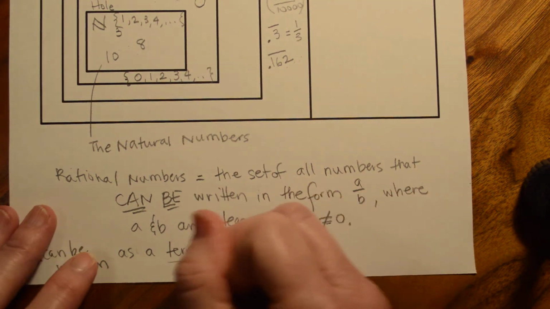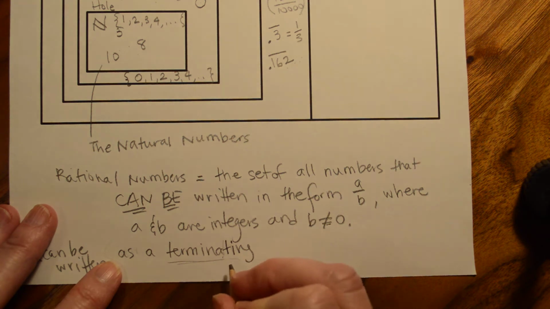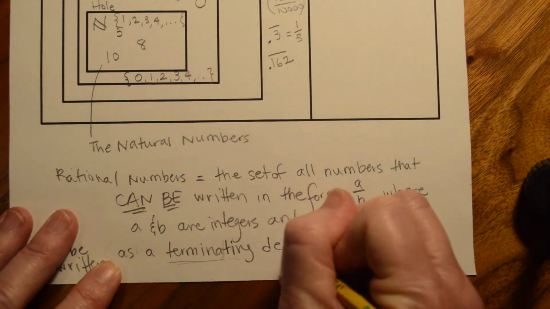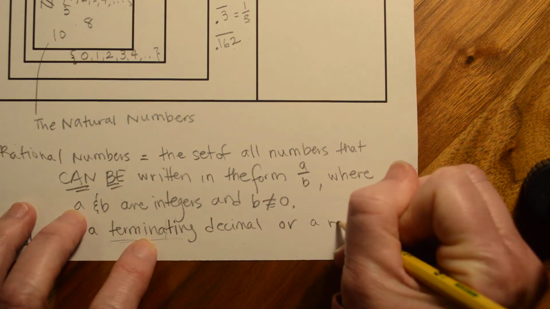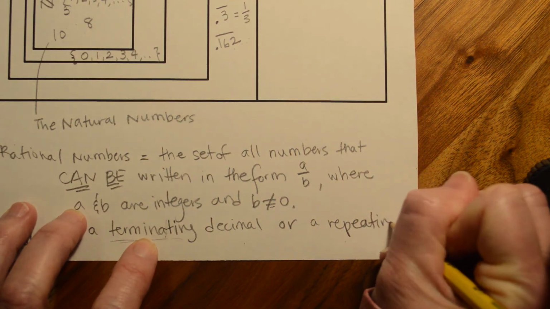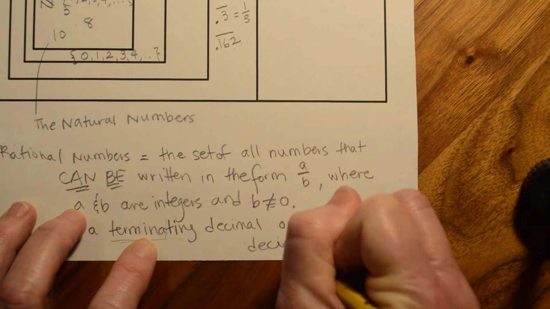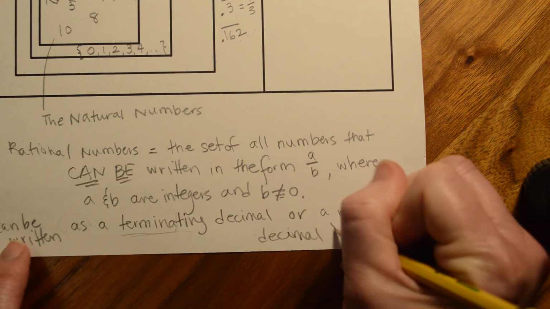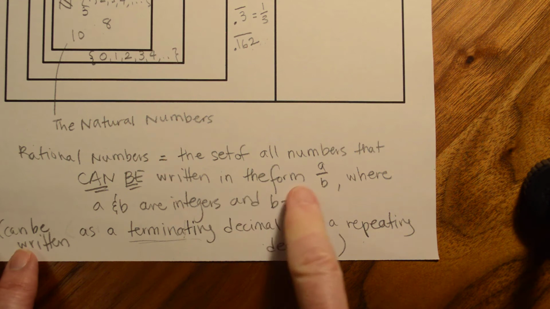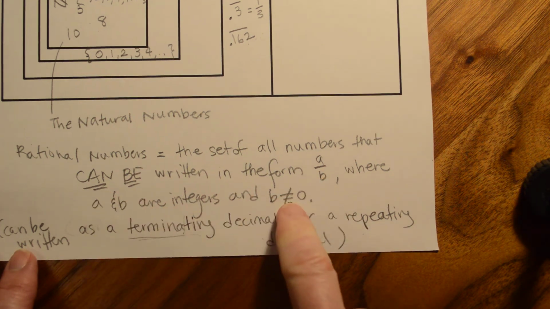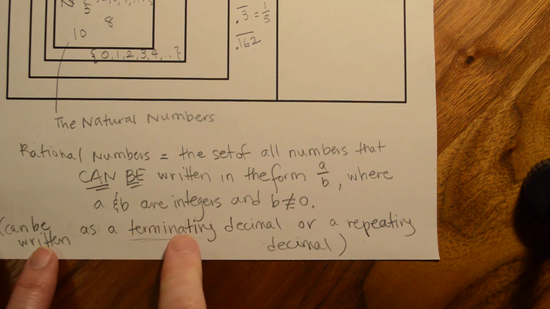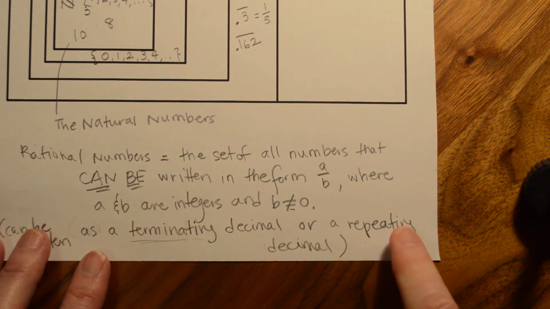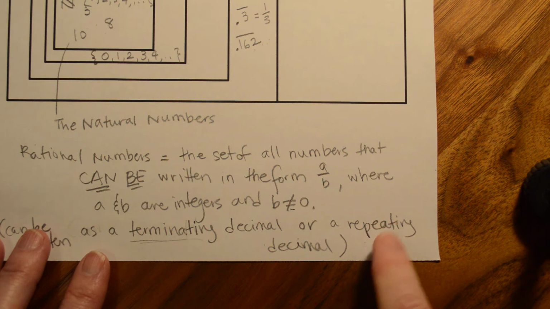So things that are in this set, if they're not written as a fraction, they must be written as a terminating decimal or a repeating decimal. All right. So if they're not written in this form, a over b, where a and b are integers and b is not 0, then the other form that they could be in is a terminating or an ending decimal or a repeating decimal, which again means that it repeats the exact same pattern over and over forever.